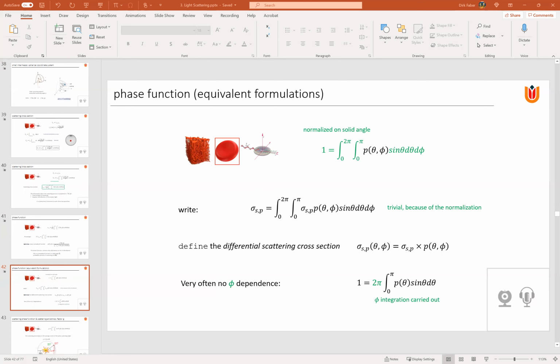So now if we have this normalization, then by definition we should have that one equals the integral of the phase function over that whole domain.